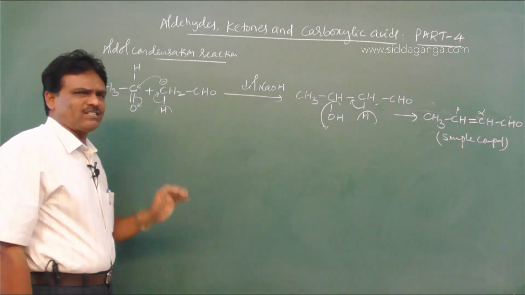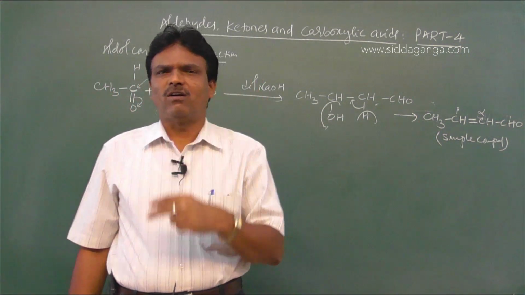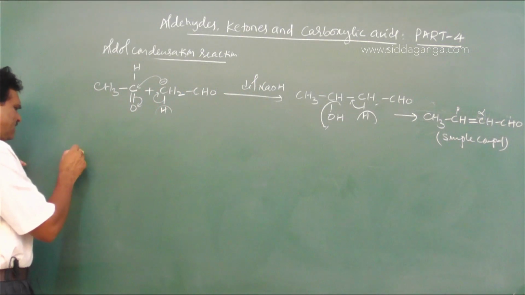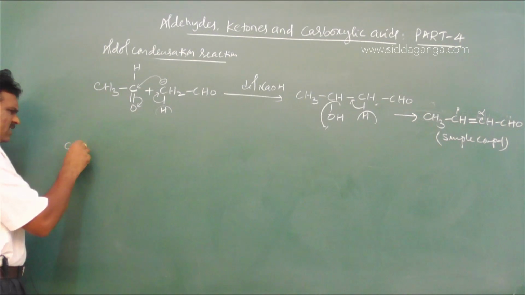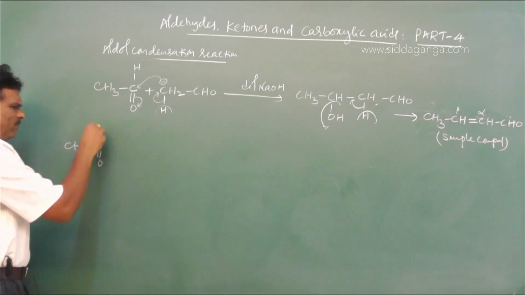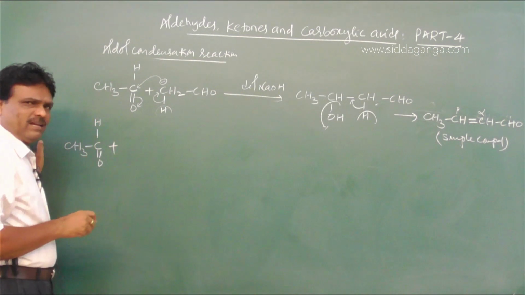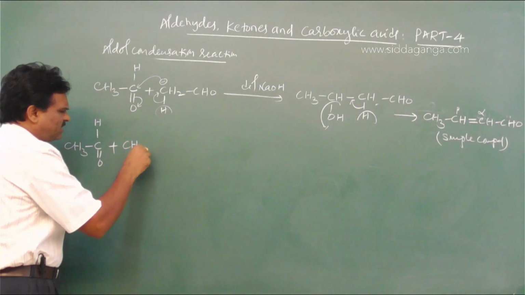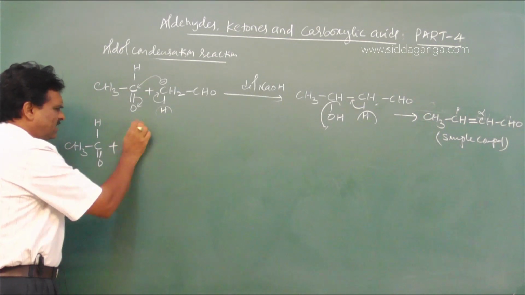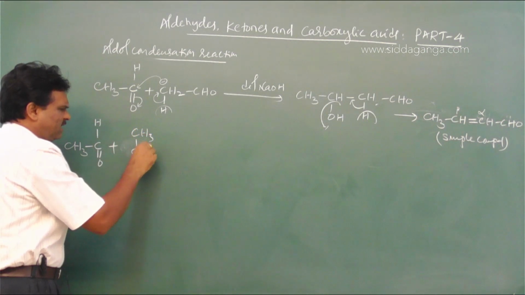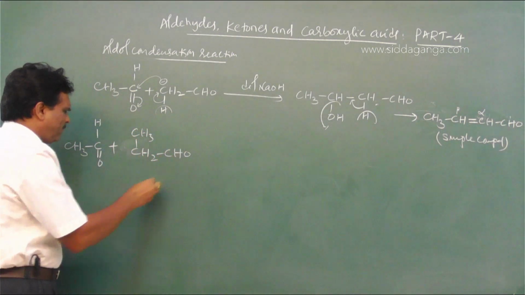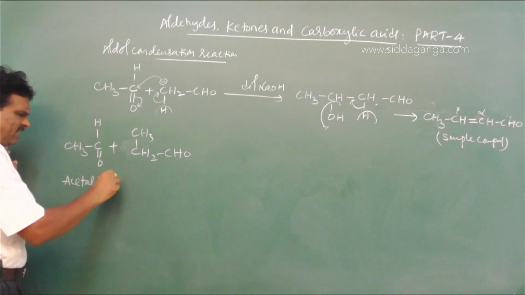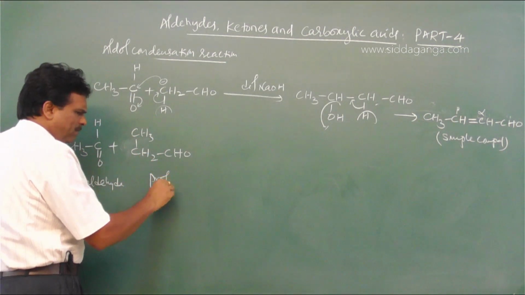If the same reaction is carried out by taking two different aldehydes, that is CH3CHO, acetaldehyde, and propionaldehyde, CH3CH2CHO.